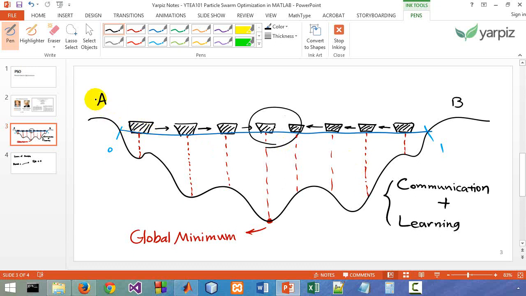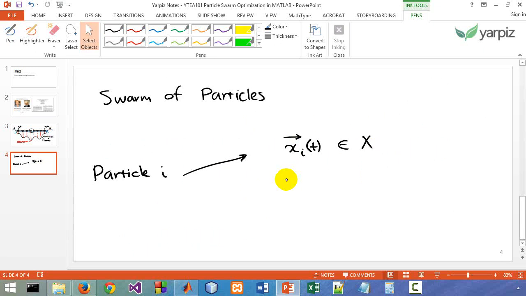The position of Alice at the beginning of the algorithm is denoted by x_Alice, and this is the position of Bob at the beginning of the algorithm, and so forth. So we denote the position of particle i in time step t by x_i^t. This is a vector.